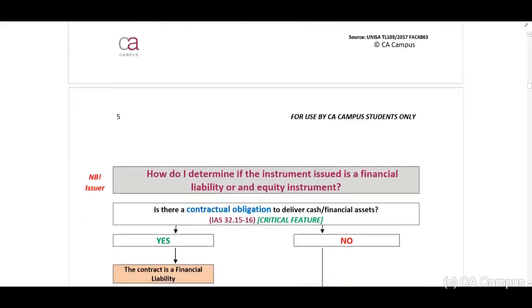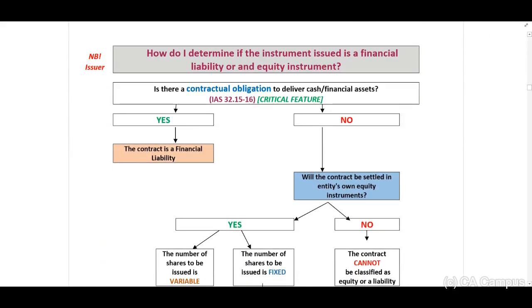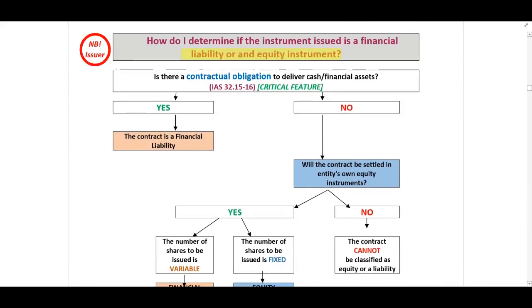Now IAS 32 prescribes principles for us. How do I determine if the instrument issued is a financial liability or an equity instrument? Remember, you need to look at this from the issuer's perspective. Your first question: is there a contractual obligation to deliver cash or a financial asset?